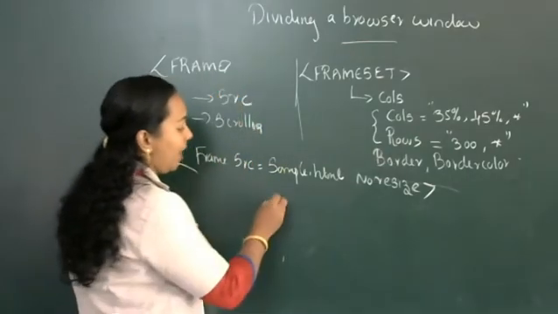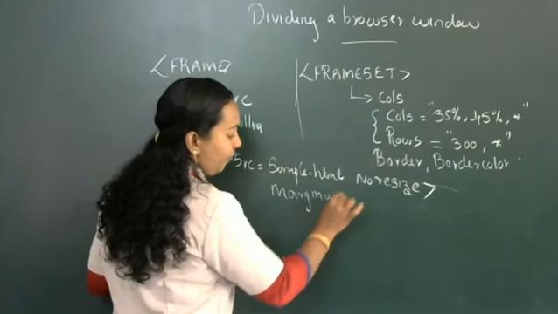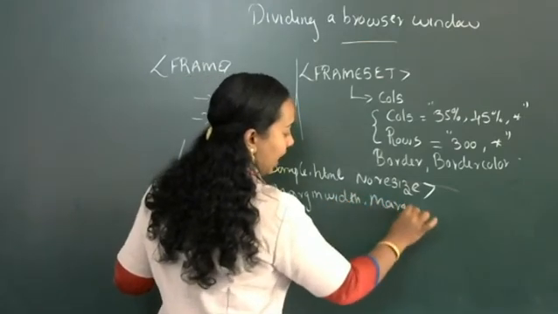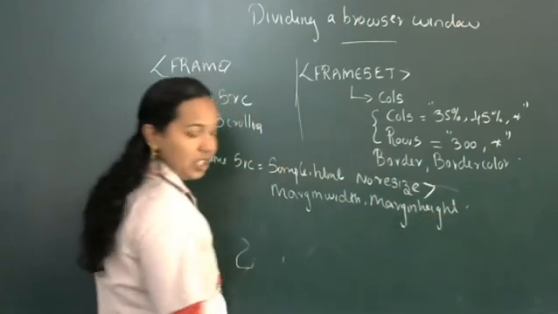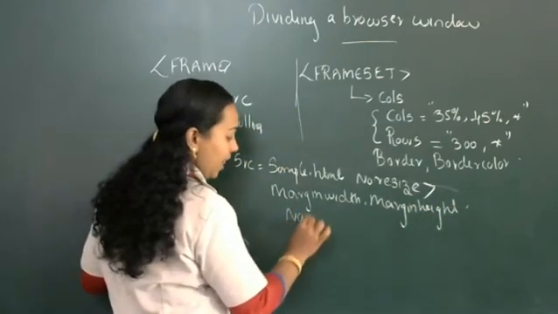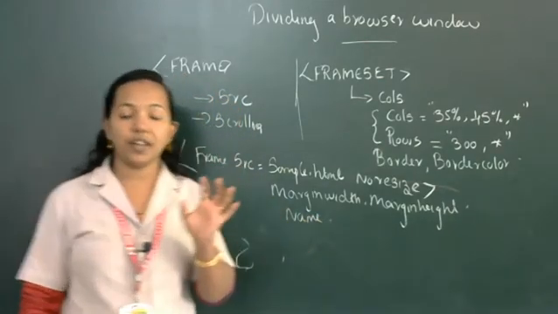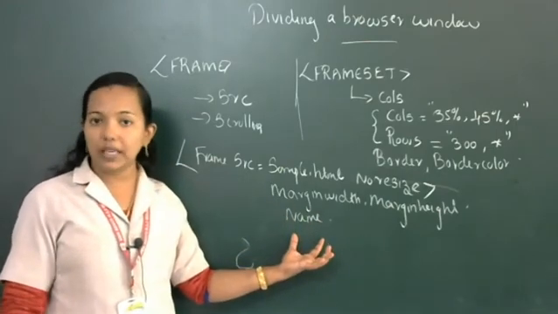Then another attribute is marginwidth, comma, marginheight. Margin width and margin height. Then one more is name. Name indicates the particular position. Suppose you want to go to the left frame, then you can give name equal to left.